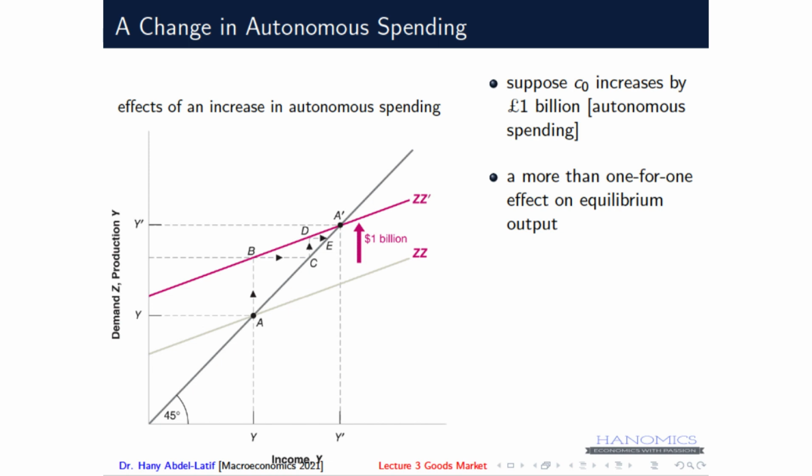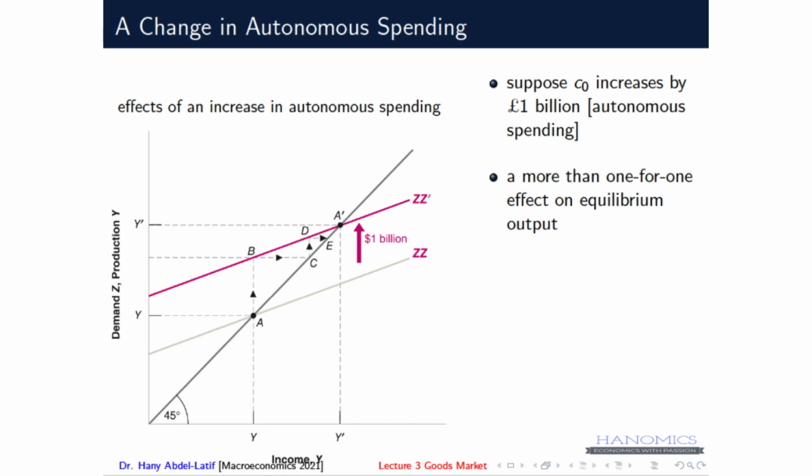Let's say there was some increase in an autonomous component, and that would shift our total demand function, which is represented by ZZ, where the equilibrium was point A. The increase in autonomous spending will shift that function upward, to ZZ prime. And now we will have a new equilibrium point, which is A prime.